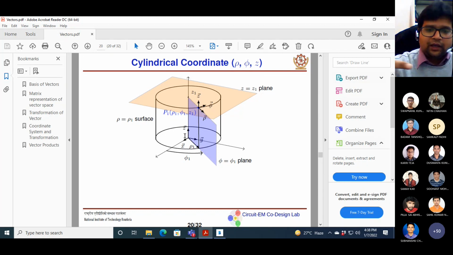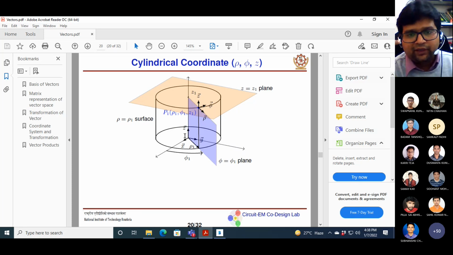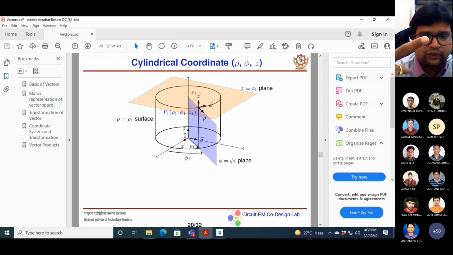Now if I rotate x by a certain amount phi, then x will point towards the rho direction, and y will point towards the phi direction.